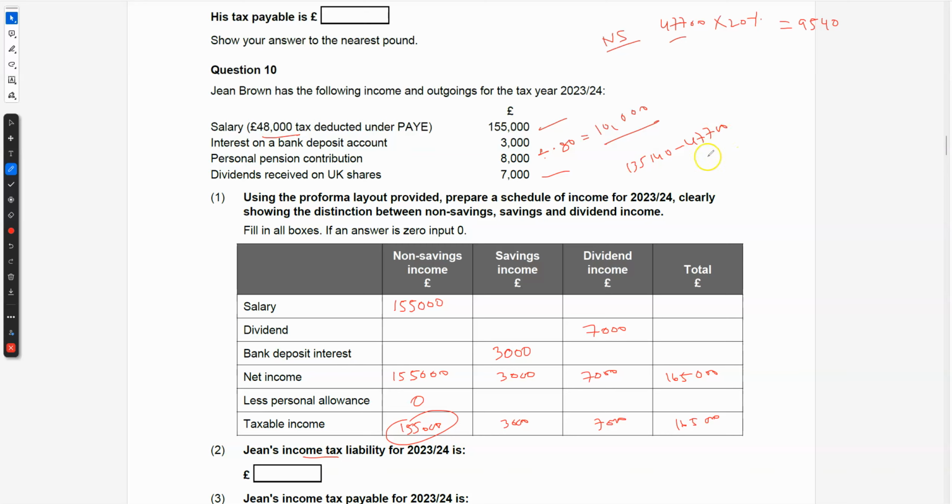In this amount we're going to find our 40%. So 135,140 minus 47,700 is 87,440 multiply 40%, and that gives me 34,976.